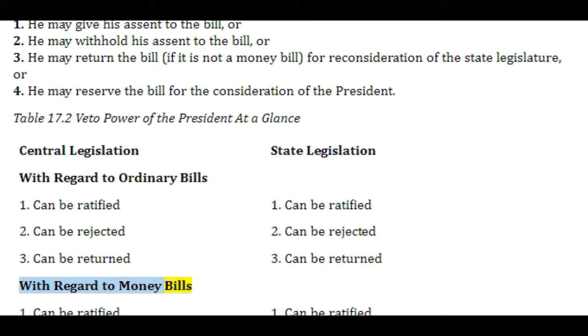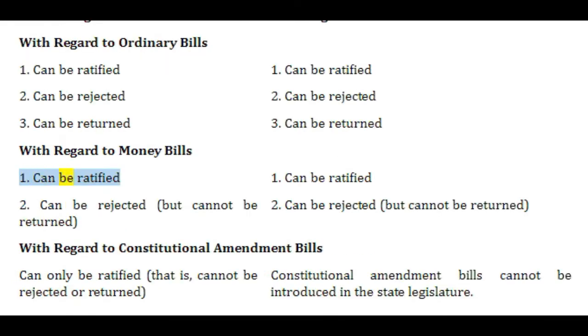With regard to money bills, 1 can be ratified, 2 can be rejected, but cannot be returned. With regard to constitutional amendment bills, can only be ratified, that is, cannot be rejected or returned. Constitutional amendment bills cannot be introduced in the state legislature.